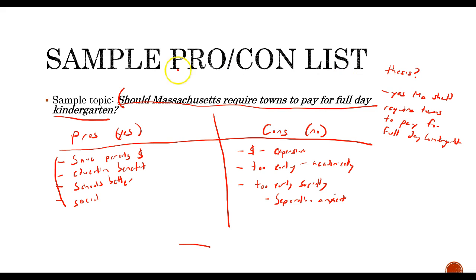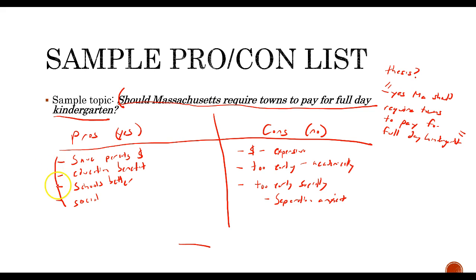I think that would be a pretty good thesis, so I have it down here. This is the actual statement that I'm going to put at the end of my intro. Remember, the thesis goes at the end of the intro. So yes, Massachusetts should require towns to pay for full-day kindergarten.